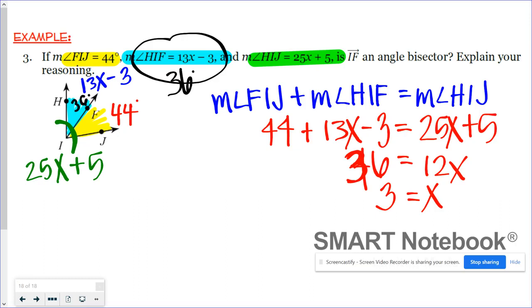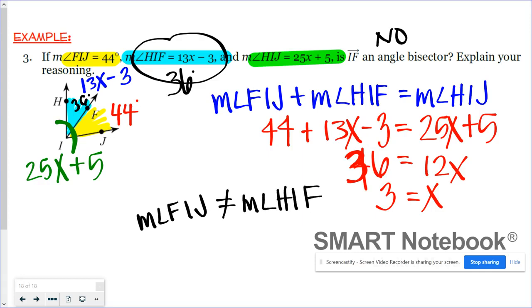So I can say that IF is not an angle bisector because the measure of angle FIJ is not equal to the measure of angle HIF. And that's all part of justifying a geometric statement.